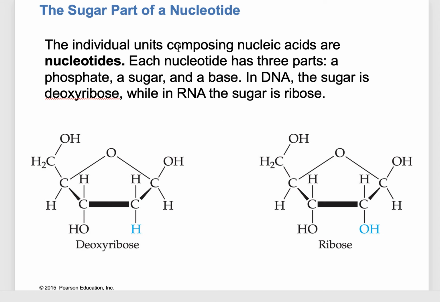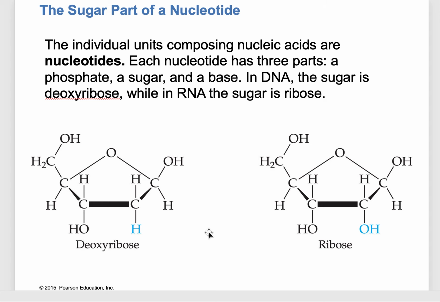Now each nucleotide is a monomer of DNA or RNA. Okay, each nucleotide, the first component is the sugar.